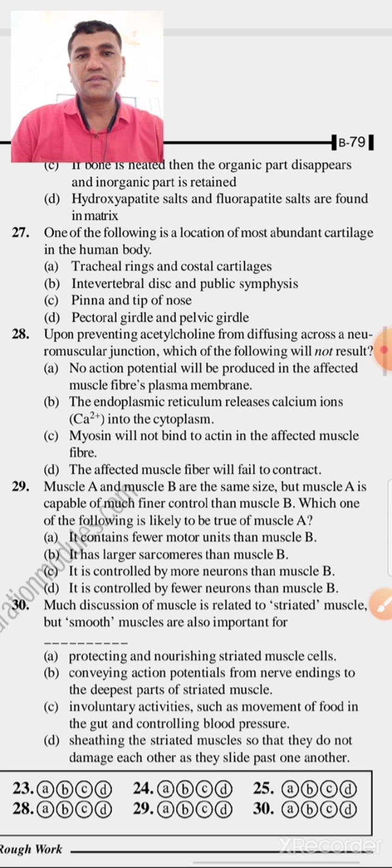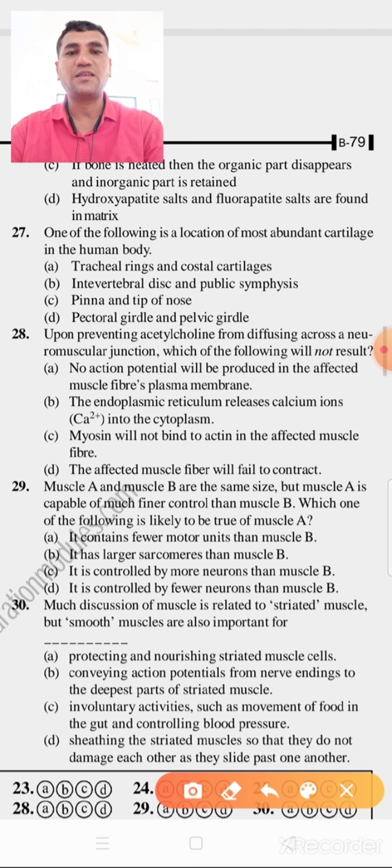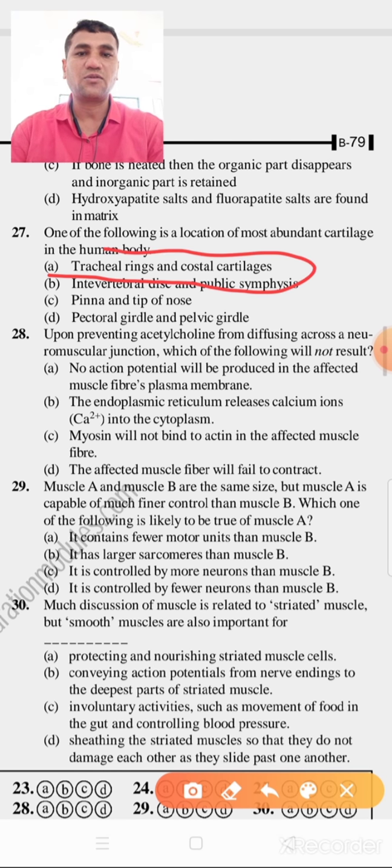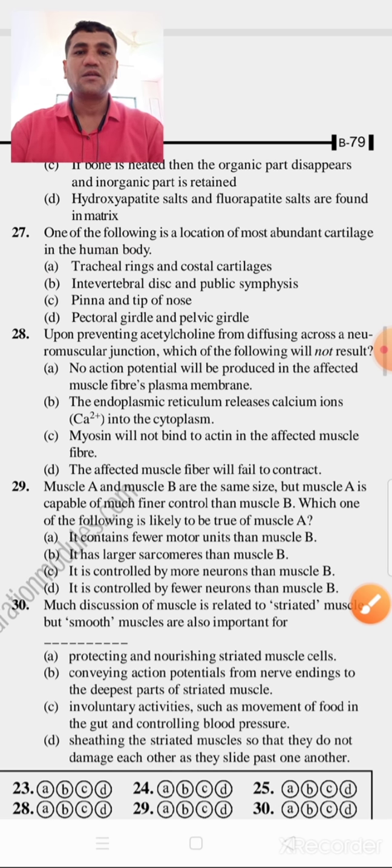The most abundant cartilage is mostly present in the tracheal rings and costal cartilages, that is hyaline cartilage. The answer for this will be tracheal rings and costal cartilages.